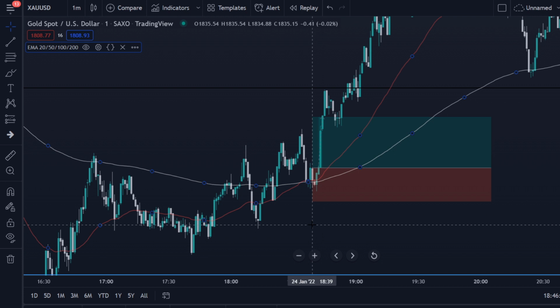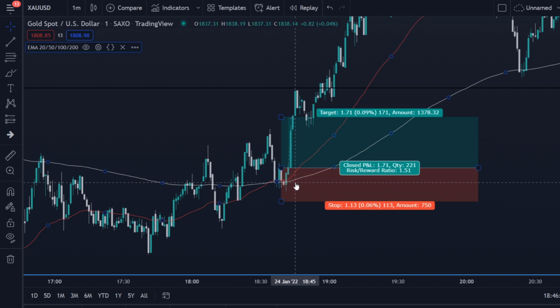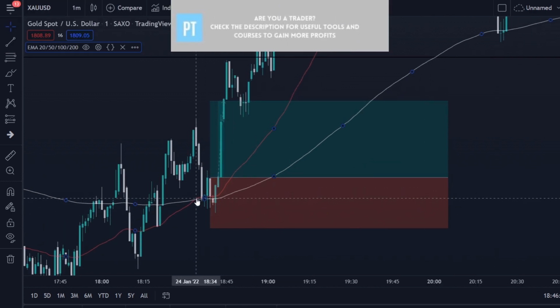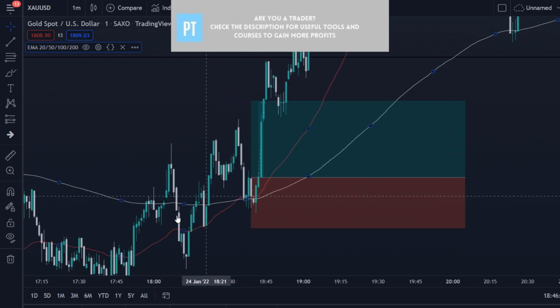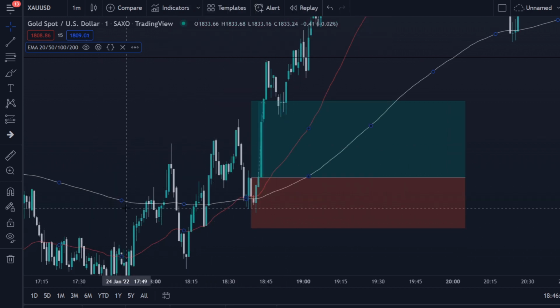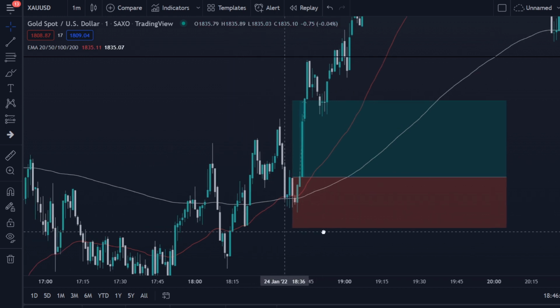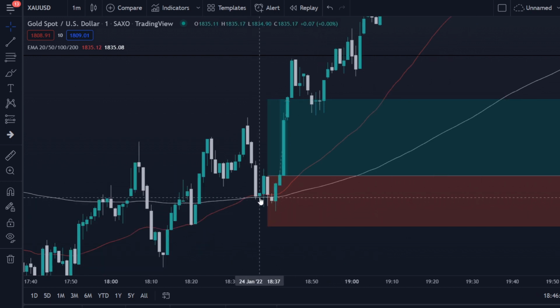Alright, back to the trading strategy. The 50 exponential moving average needs to cross the 200 exponential moving average. In this case, it happens about here. And if that happens, we only are looking for buy opportunities because the 50 is above the 200. If the 50 is below the 200, then we're only looking for sell opportunities. Over here, the 50 is above the 200, then a candle needs to close below the 50 level.